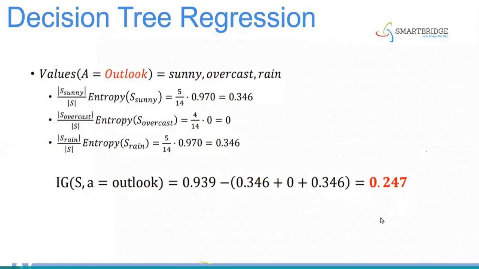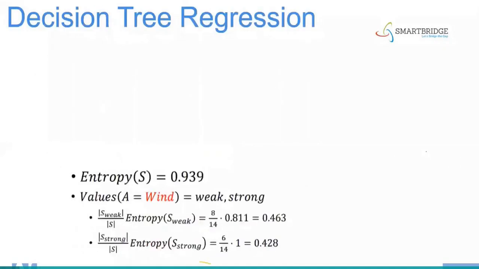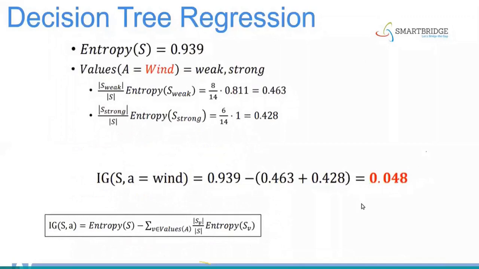So you got 0.247. Based on this value, you have to consider whether the root node is outlook or wind or humidity. Suppose the value of outlook is 0.247 and the value of wind is 0.048.